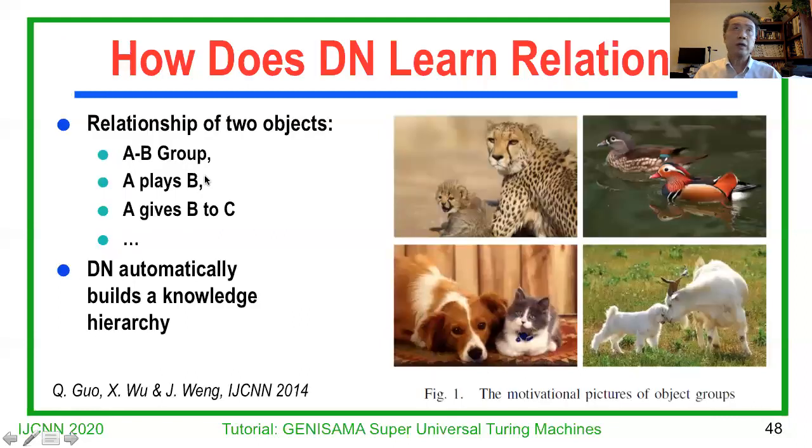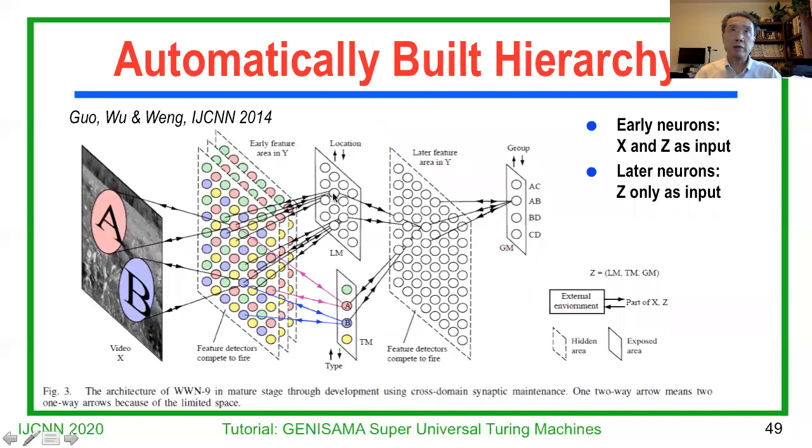Suppose you have a B group, A and B become a group, two cheetahs, and you have A plays with B, all right? A plays with B, and A gives B to C. I'll get to that, all right? DN automatically builds a knowledge hierarchy. It goes like this. Suppose I already have location and the type. I have A, B, two objects, two locations.